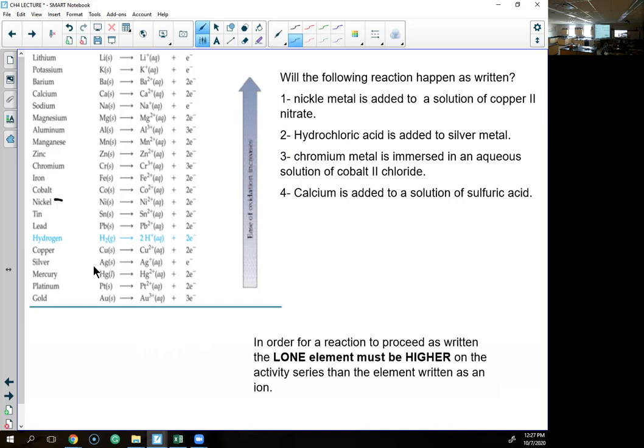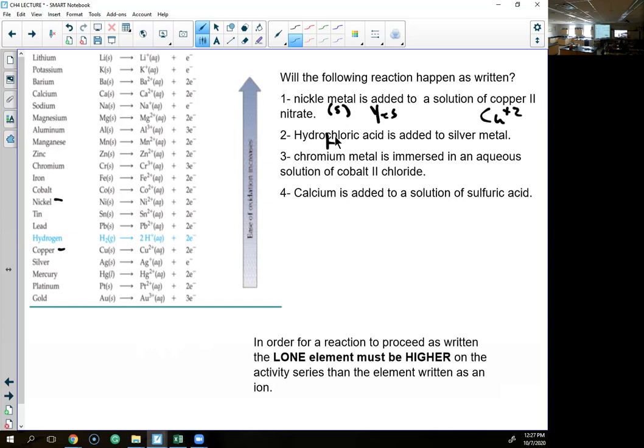Versus copper ion. Okay, so nickel solid and copper ion. In order for the reaction to proceed as written, the lone element must be higher. Is the lone element higher than copper? Yes. So does this happen as written? Yes.